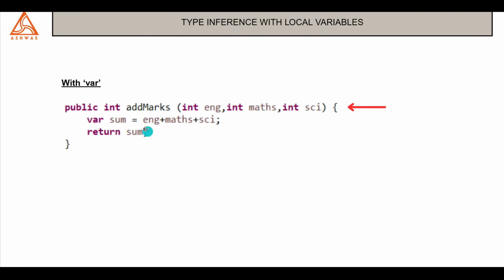So here, instead of saying English plus maths plus science, if I would have said sum is equal to hello world, then the data type of the variable sum would have been string. Right now, here it is going to be int. So this is what we call type inference.